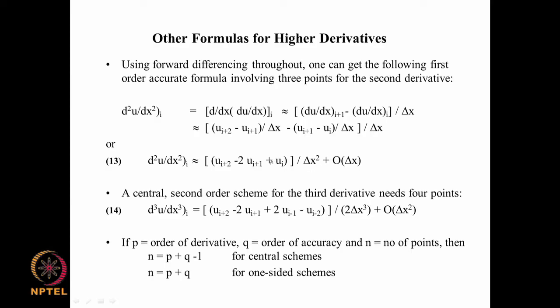And you can go through a Taylor series expansion, or you can say, okay, I have used consistently forward difference here and forward difference here. So, therefore, the whole thing is going to be first order accurate, or you can formally expand this in a Taylor series expansion, and then demonstrate that this is only a first order accurate approximation.